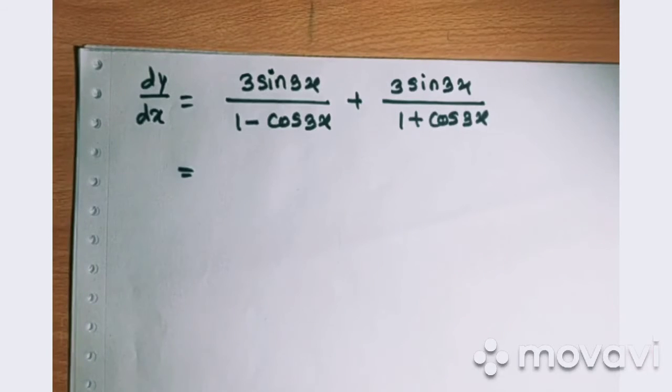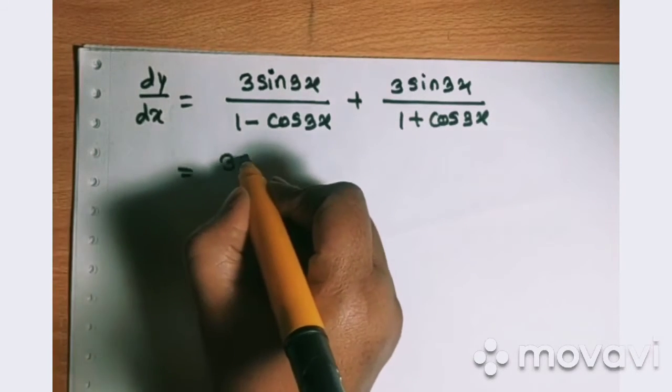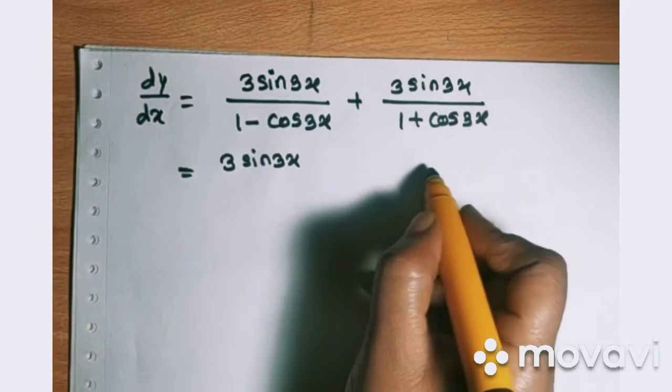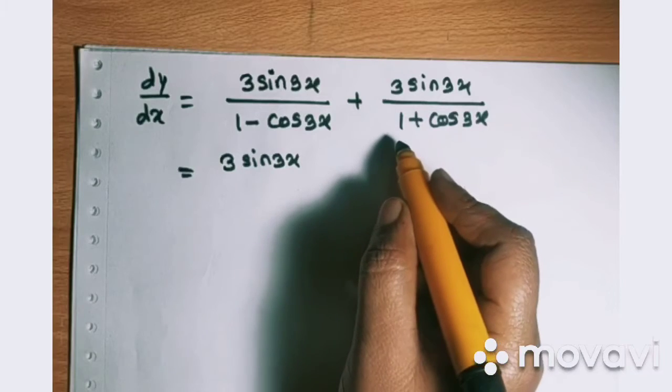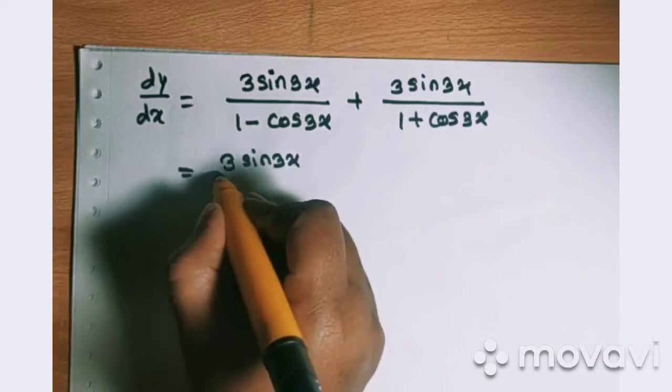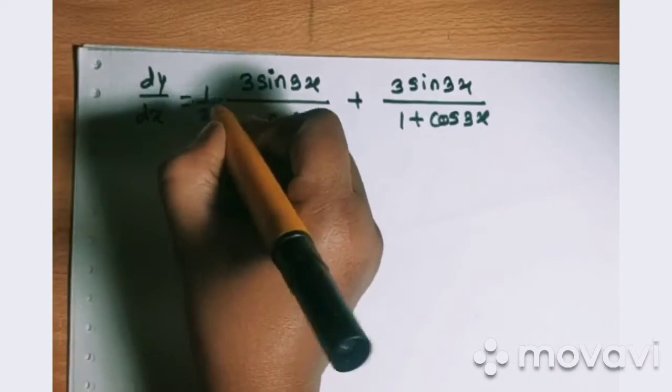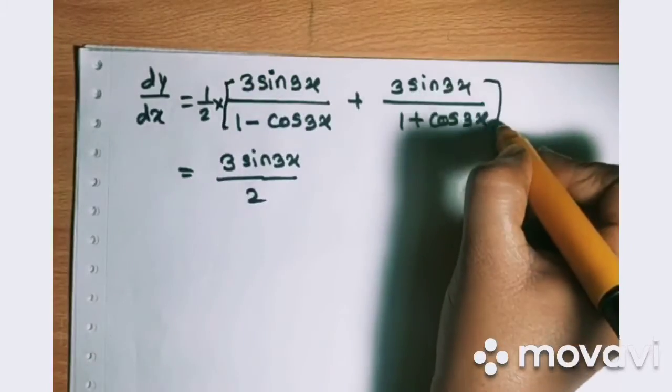We have to simplify this. Take common 3 sine 3x out of the bracket, and this 1 upon 2, this becomes divided by 2, out of the bracket.